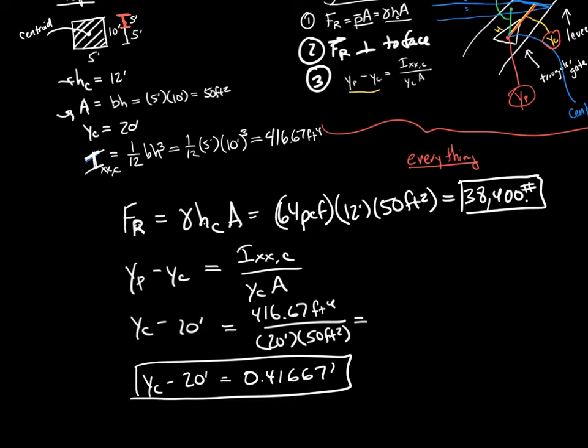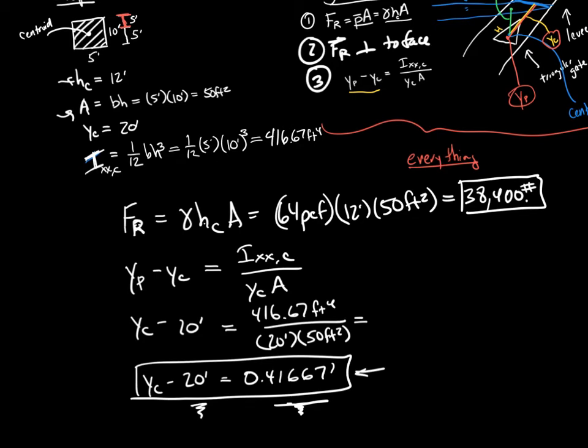So what that means here, and I've kind of left it drawn in this awkward thing, is basically we're looking for two numbers. What this tells us is that it's acting 0.41667 feet further along the face than the centroid. So it's a little bit deeper.